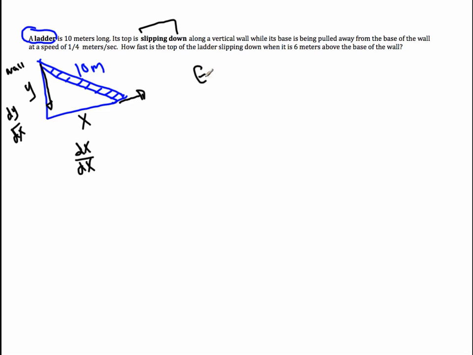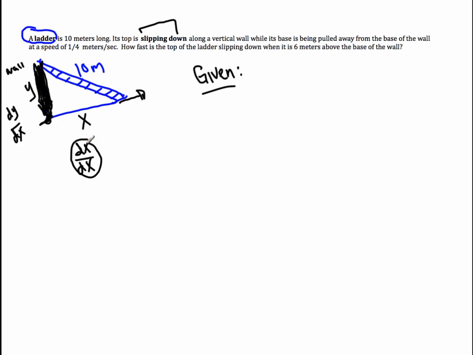So let's find what is given. The top of the ladder is sliding down on a vertical wall while its base is pulled away from the base of the wall. This is the wall right here, and this is the base, at a speed of 1/4 meters per second.